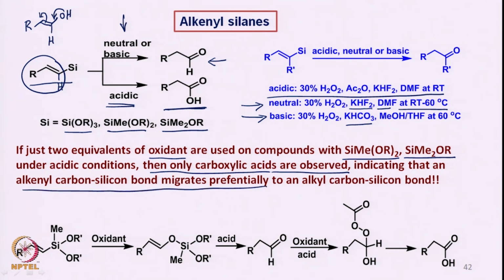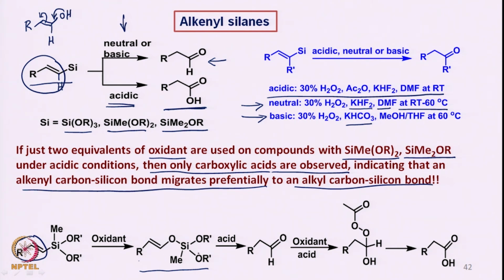So this is the alkenyl silicon bond that migrates to the oxygen of the oxidizing agent like hydrogen peroxide, and that forms an intermediate of this kind. Here the methyl silicon bond is not transferred, or does not migrate.